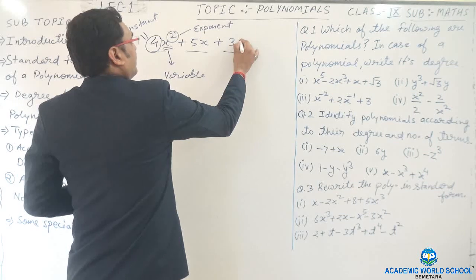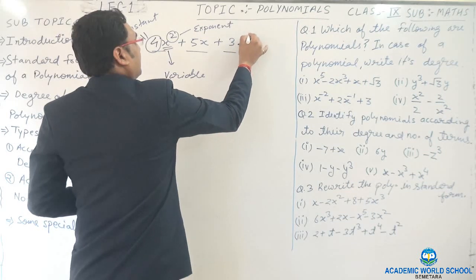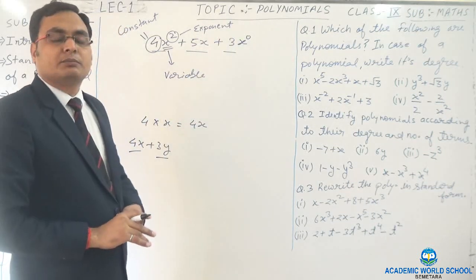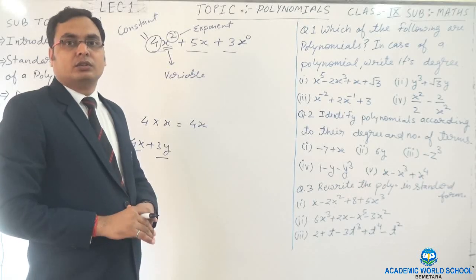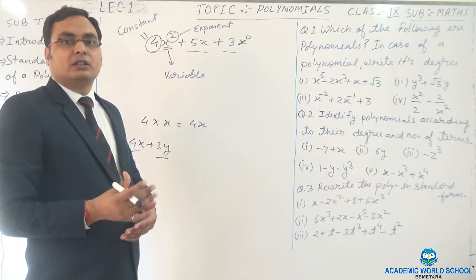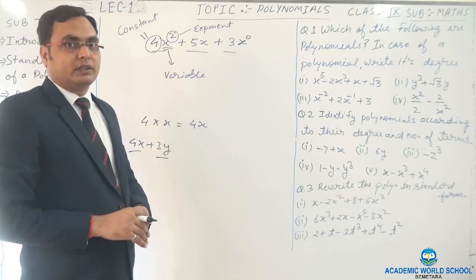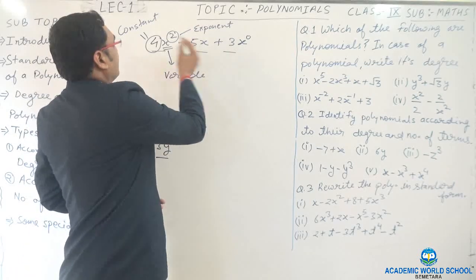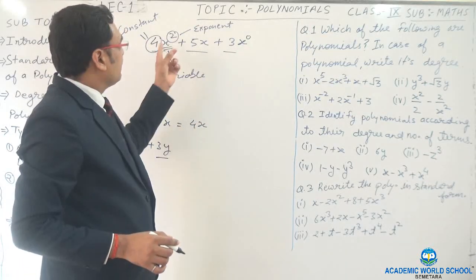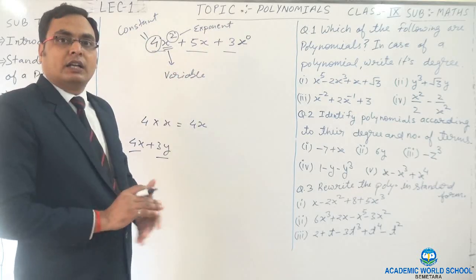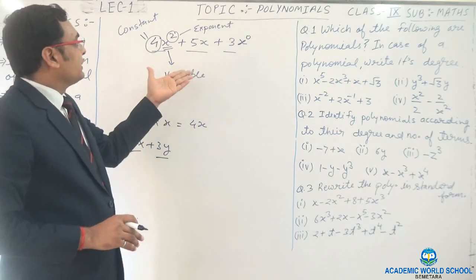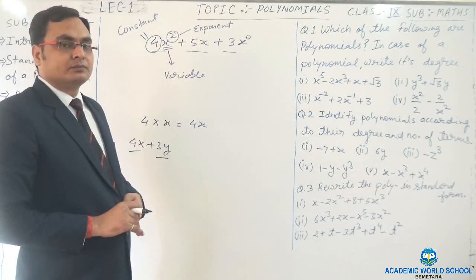Here also we can consider x to the power 0, because any variable or number to the power 0 is equal to 1. Here the 3 is the constant part, x is the variable part, and 0 is the exponent. So this polynomial has 3 terms.